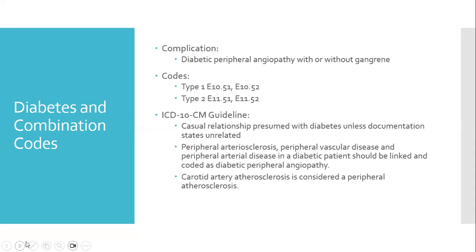With carotid artery atherosclerosis, it is also considered a peripheral atherosclerosis. So, remember, you have that causal relationship and you see how your provider is documenting these related conditions, and you have to make sure you choose the appropriate subcategory and additional digits as appropriate.